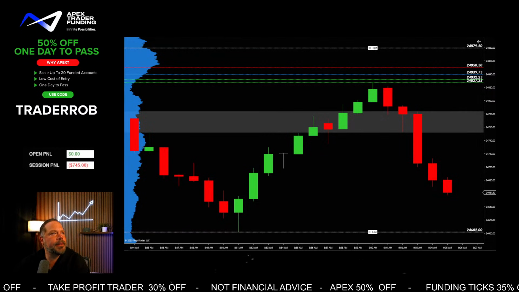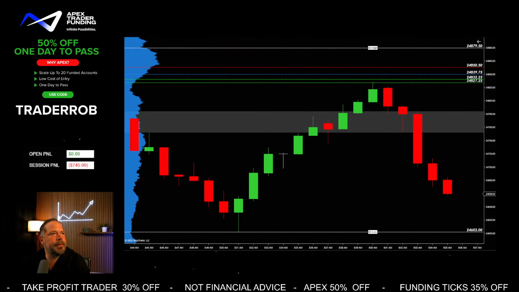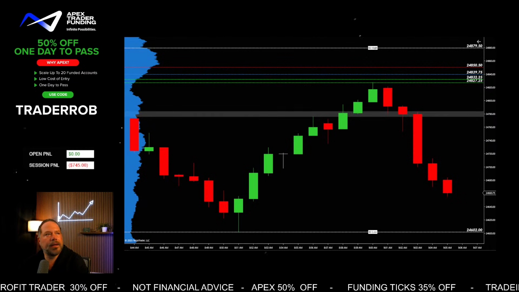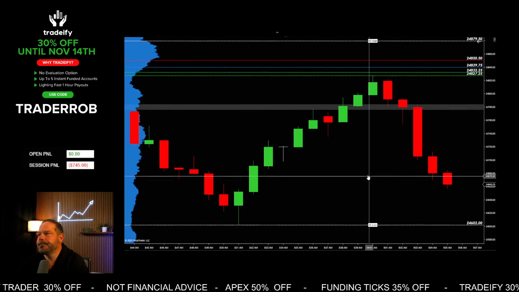Left the pocket up here, but it's a very sweepy stop loss hunt area, which I'm not very thrilled about right here.